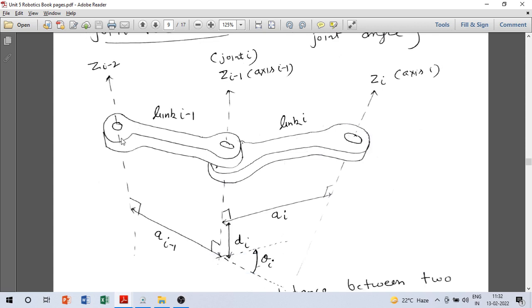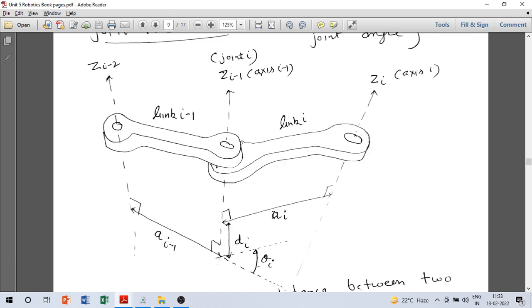First, in this figure we can also look at link lengths. Here you see there is a common perpendicular between axis I minus 2 and axis I minus 1, which were the two axes for link I minus 1. And this distance will be called A I minus 1, that is link length for link I minus 1.